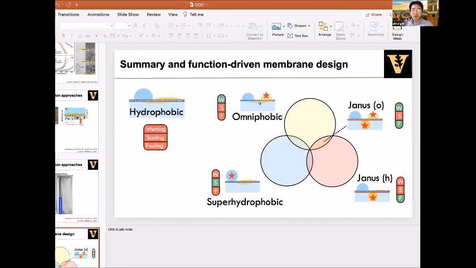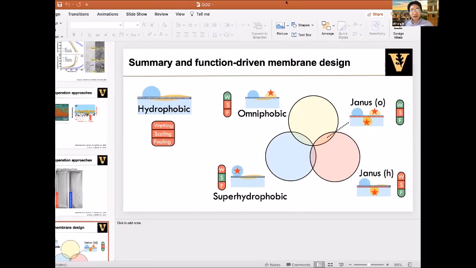The fewer steps and the fewer components you use, the more practical. And lastly, although my talk focused on material because this is the theme of this session, I really think that pretreatment has a very important role, and maybe is the most practical approach in mitigating a lot of these problems. So I would say you want to do very extensive pretreatment first, and then this membrane just serves as the final safeguard to address these problems.